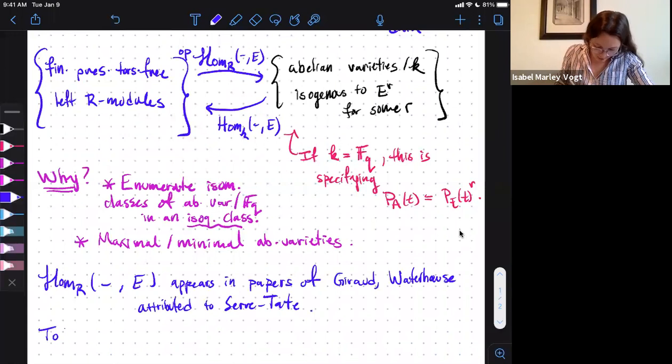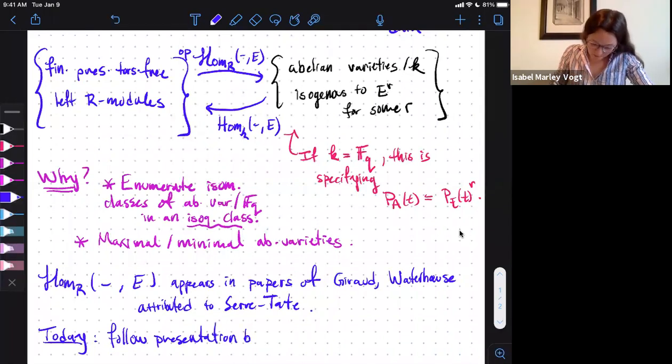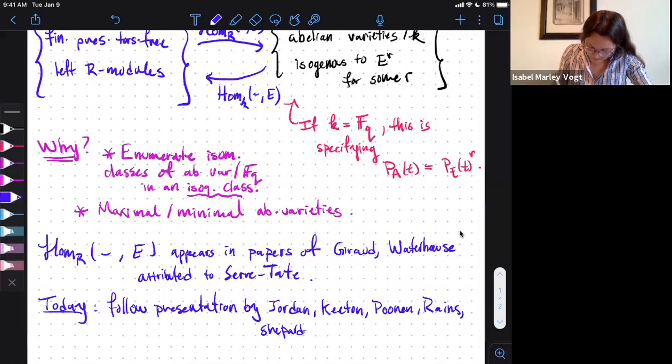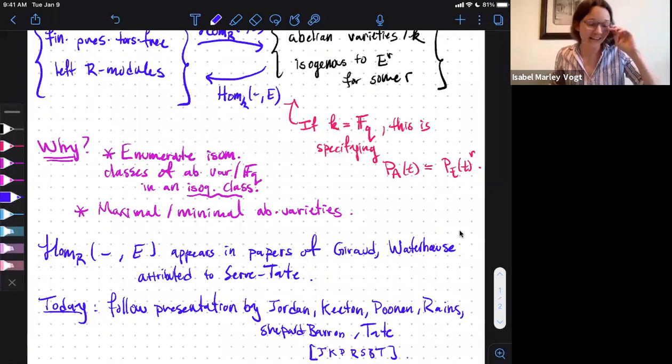Today, I'm going to follow a presentation in a recent paper of many authors, Jordan, Keeton, Poonen, Rains, Shepherd-Barron, and Tate, and that's a lot of authors to write every time I want to refer to them. So when I refer to results in this paper, I'm just going to write JKPRSBT and let you fill in the remaining letters.